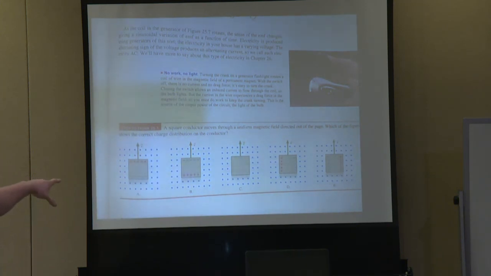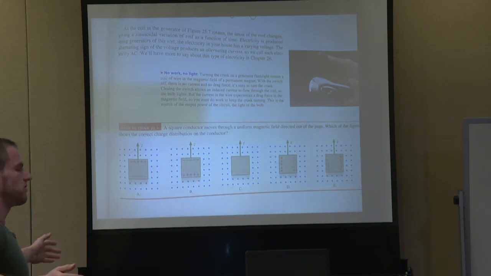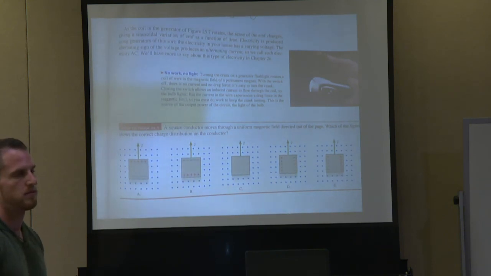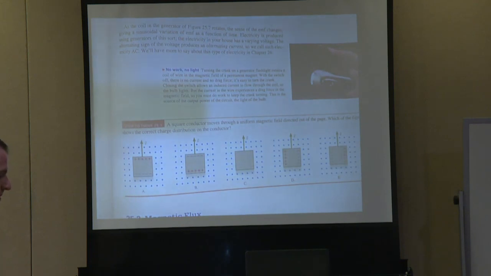So the box is moving through the magnetic field, and as it moves through, it's inducing a, I guess you could say current, but not, yeah, force. Very good. So yeah, the force is going to point towards the positive charges. Very good.